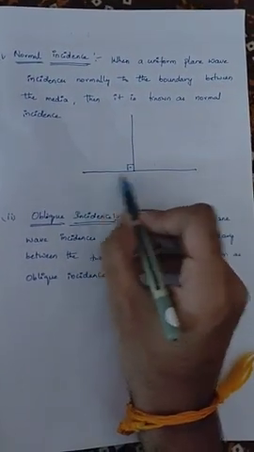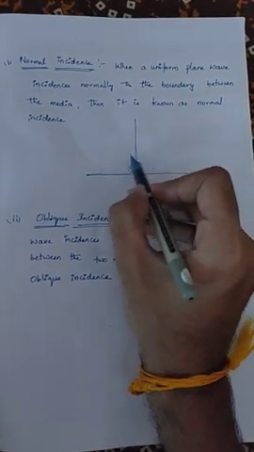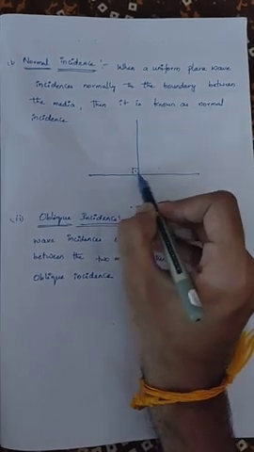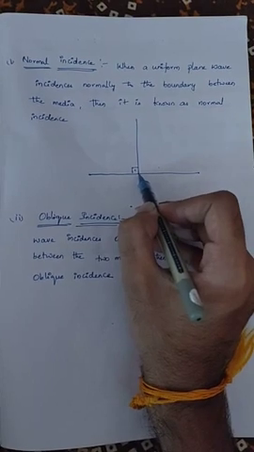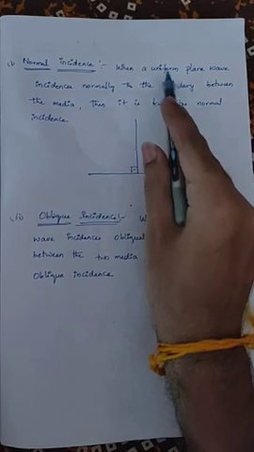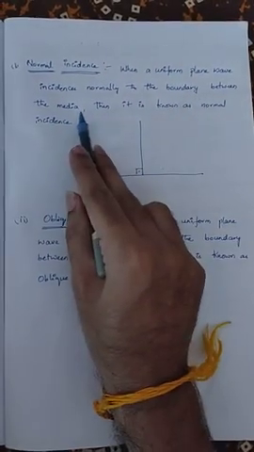This is a boundary. The wave which is traveling in a normal direction to the boundary touches the boundary. This is called the point of incidence. The uniform plane wave incident is normal to the boundary between two mediums.